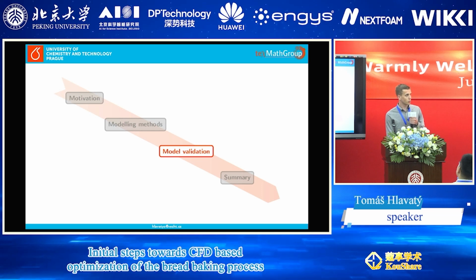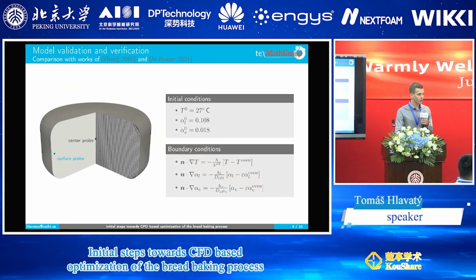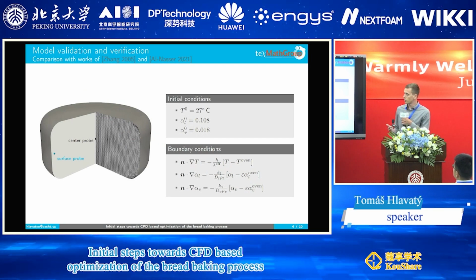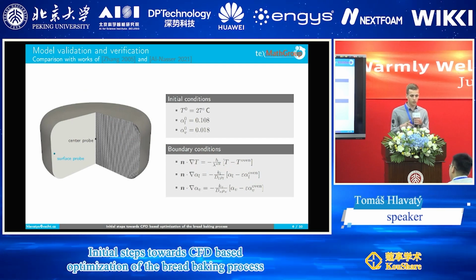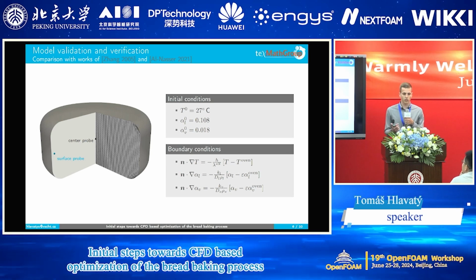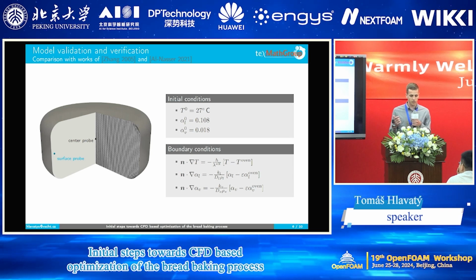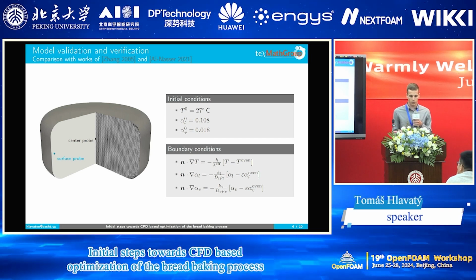With the model, we can move to validation. We validated our model against the experimental and numerical work of Chang from 2005 and the numerical work of Al-Nasser from 2021.